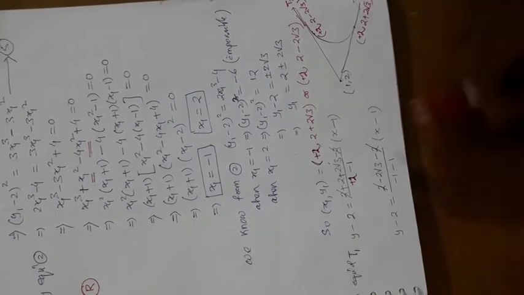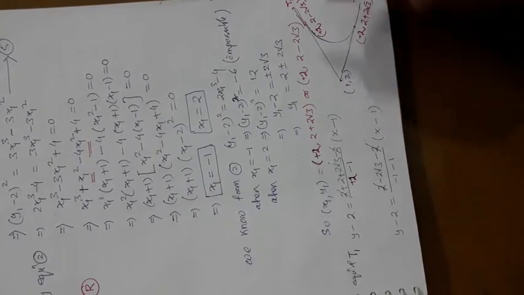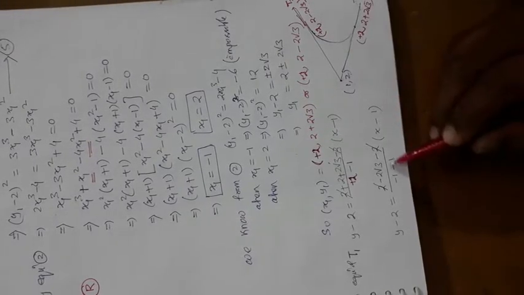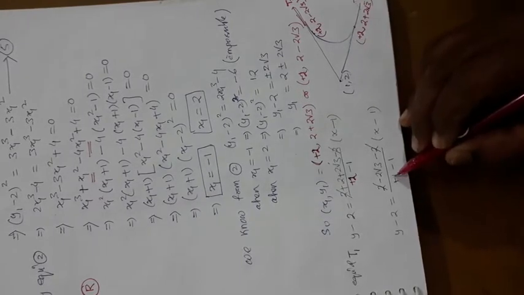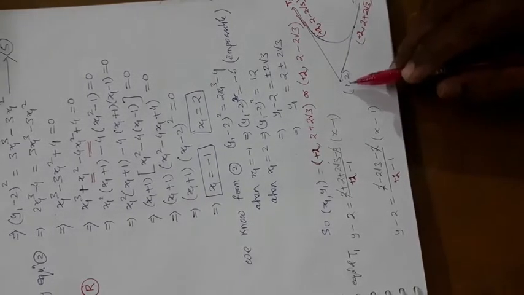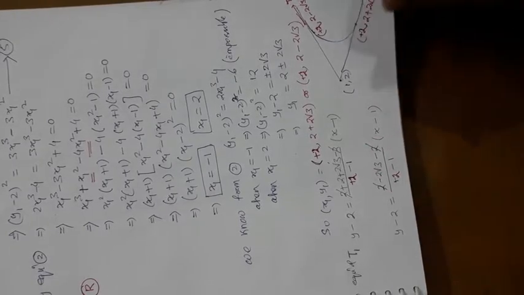Another tangent: y minus 2 is equal to slope, slope means (2 minus 2 root 3 minus 2) by (2 minus 1), into (x minus 1). You can simplify and you can get the answer.